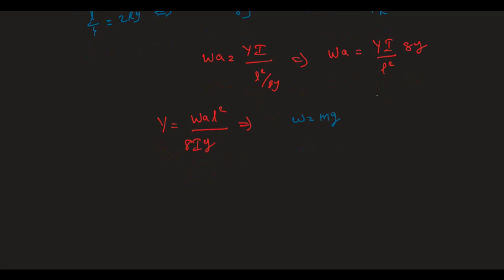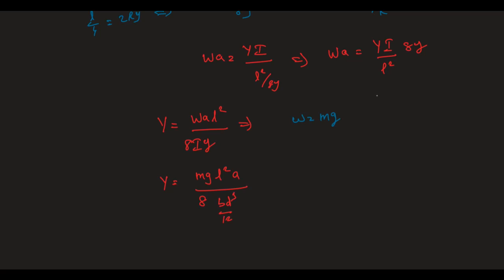So the Young's modulus of the uniform bending method will be mg L square A divided by 8 into BD cube by 12.